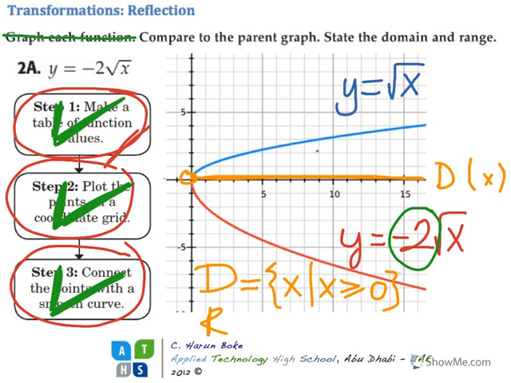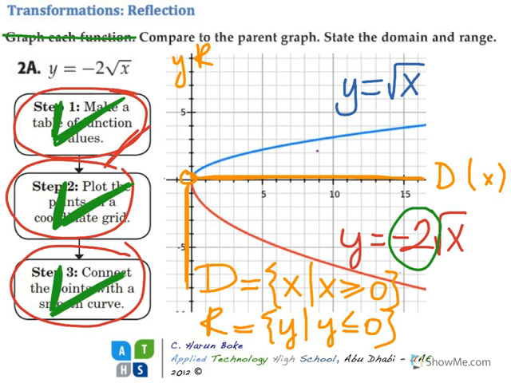And for the range, which is the y-axis, to be precise, are the negative values of y. So we are going to say y values such that y is less than or equal to 0. That's what we are going to write for domain and range.